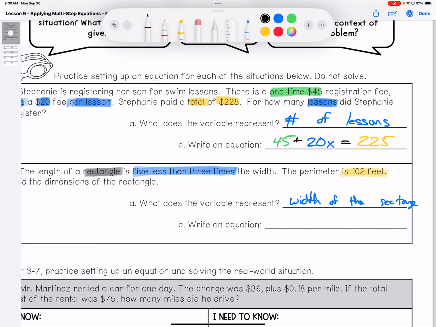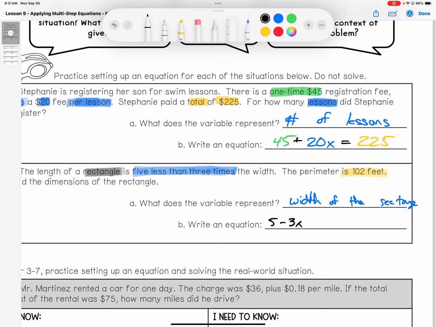So, we know the length. You add those up, twice. So you have 5 less than 3x for w. That's one side.